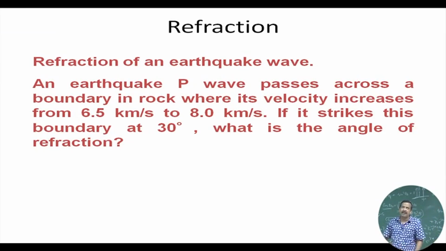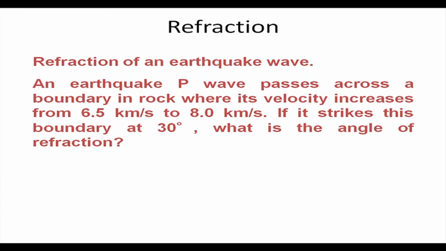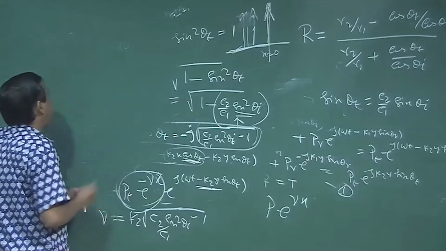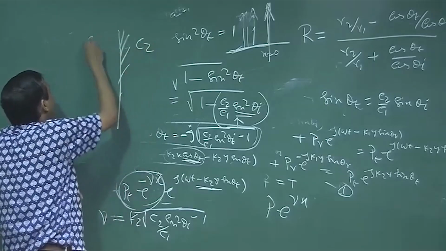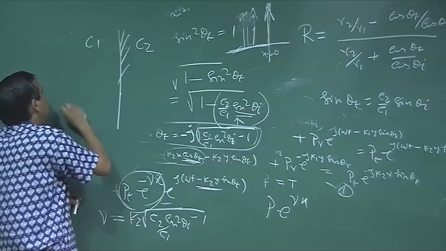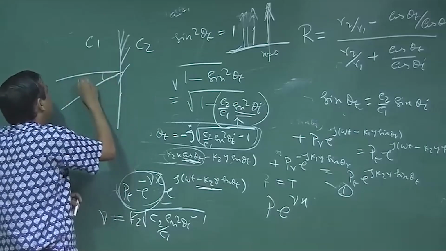It is said that an earthquake P wave passes across a boundary in rock where its velocity increases from 6.5 kilometer per second to 8 kilometer per second. If it strikes the boundary at 30 degrees, what is the angle of refraction or angle of transmission? So, a pressure wave is incident on a rock boundary, this is C1 and this is C2, and it is incident at a 30 degree angle.